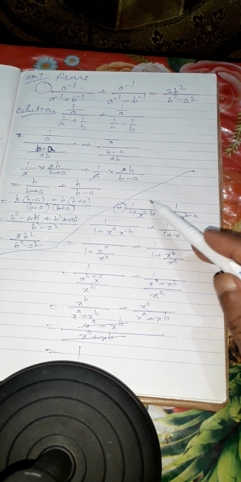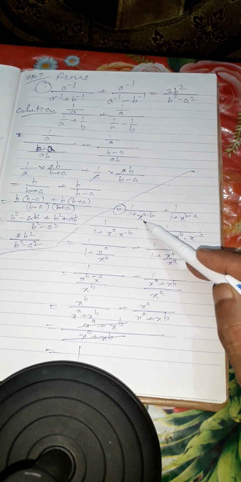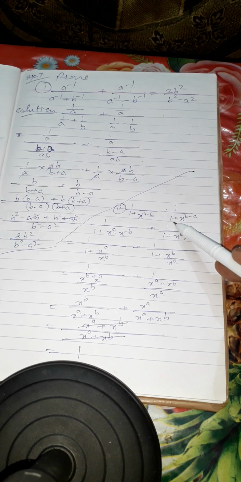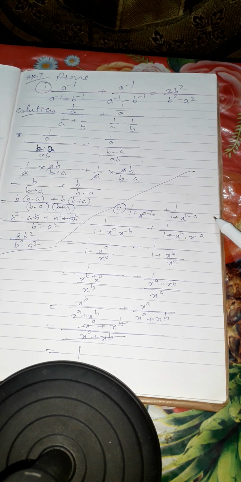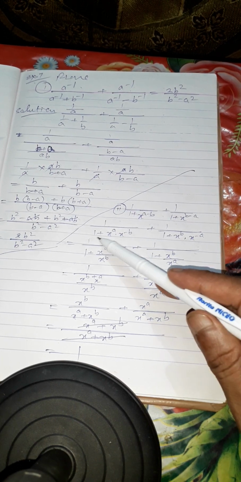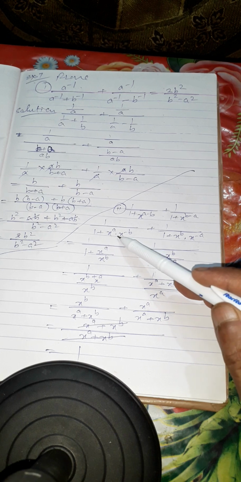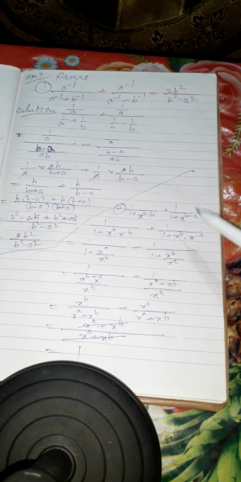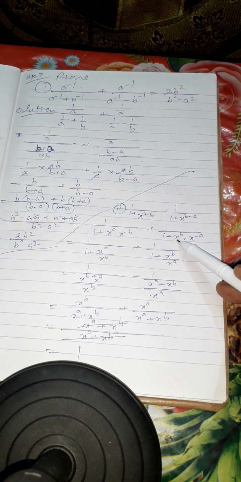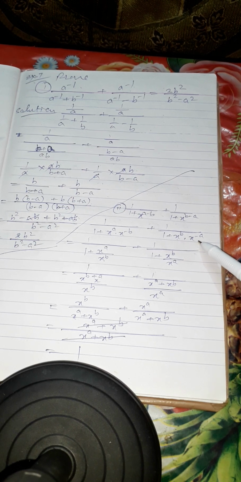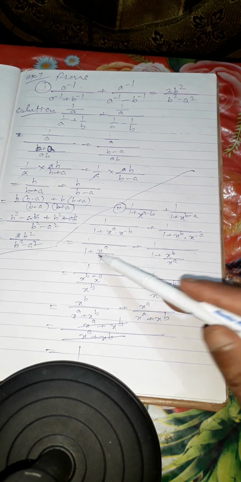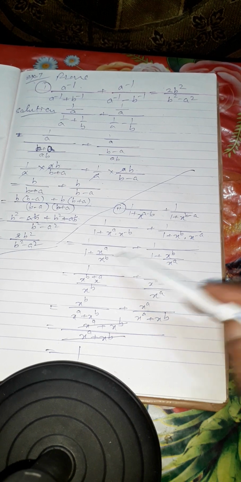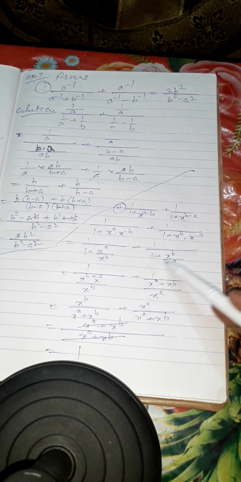Second part of this sum: 1 upon 1 plus x^(a−b) plus 1 upon 1 plus x^(b−a). 1 upon 1 plus x^a into x^(−b), 1 upon 1 plus x^b into x^(−a), that is 1 upon 1 plus x^a upon x^b plus 1 upon 1 plus x^b upon x^a.